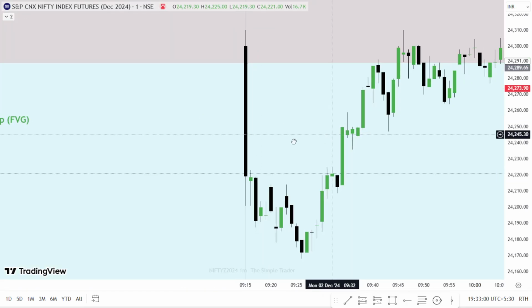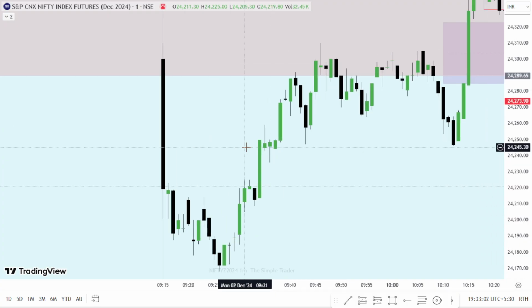So when these candles move, it indicates that there is a lot of buying or selling that occurred in that candle or at that time. This can be validated by looking at the volume.